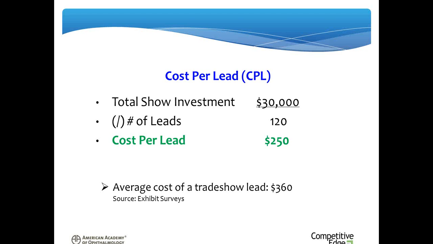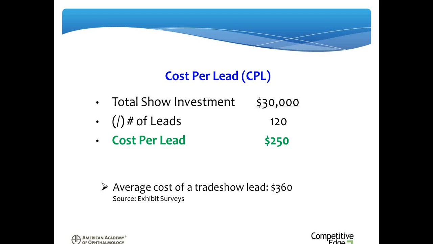You've got a problem. On the other hand, if you had a $25,000 average sale amount and your cost per lead was $250, you're looking pretty good. Very little of your gross margin is going to go to lead generation.